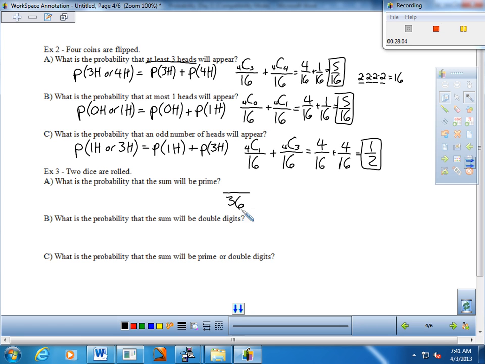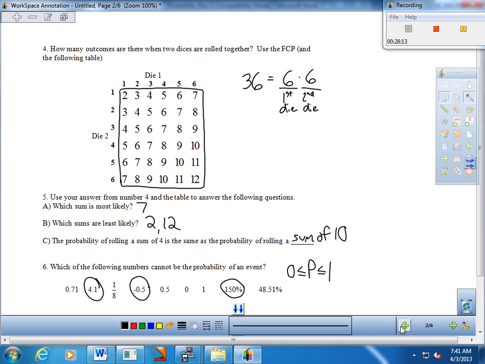So how many of those outcomes out of the 36 would produce a prime sum? Let's count them up here, everyone. You ready for this? Primes, guys. 1, 2, 3, 4, 5, 6, 7. So different ways to get these prime sums.